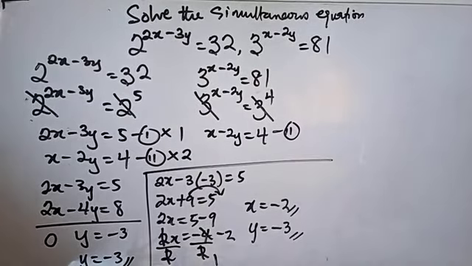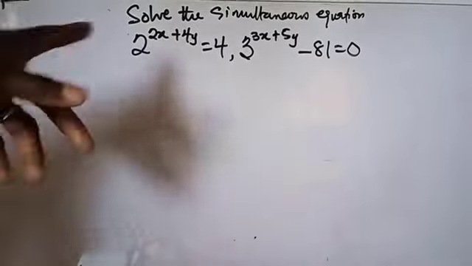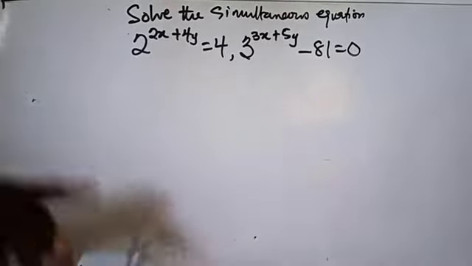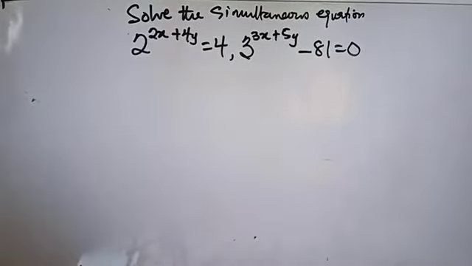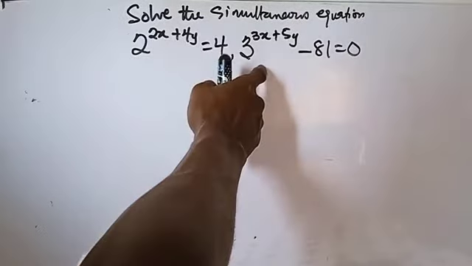All right, thank you. Let me quickly give you an assignment. Here is an assignment for you: 2 raised to the power 2x plus 4y equals 4, and 3 raised to the power 3x plus 5y minus 81 equals 4. Don't be confused about this.